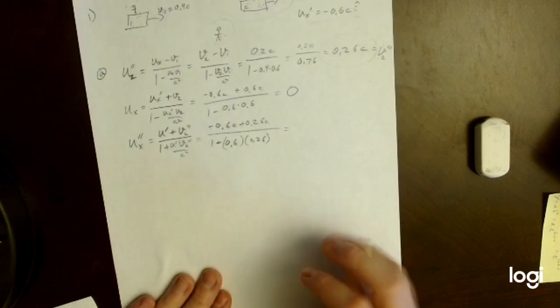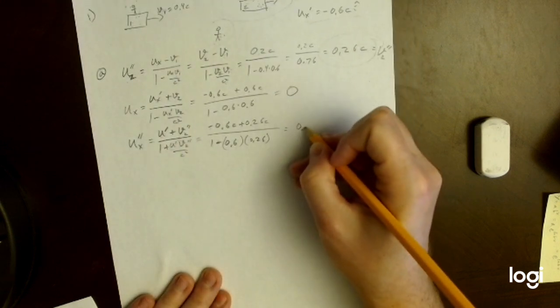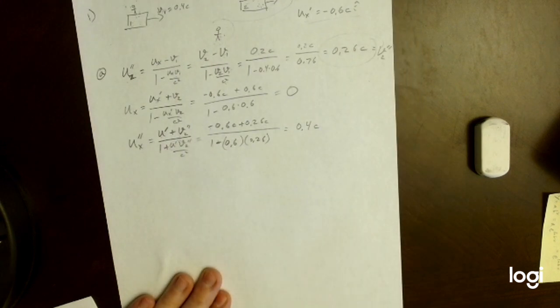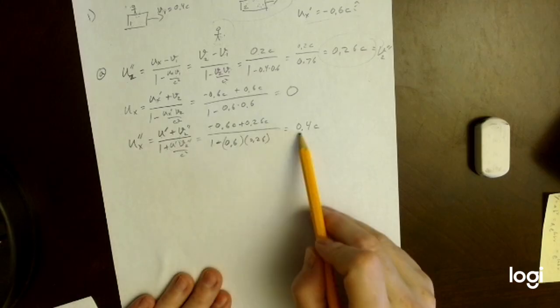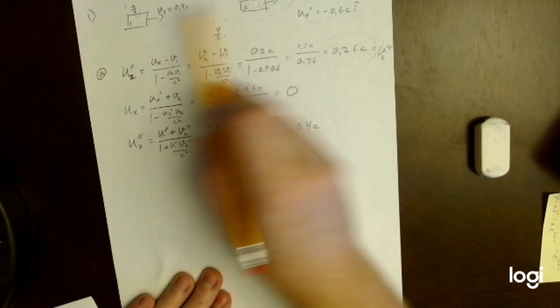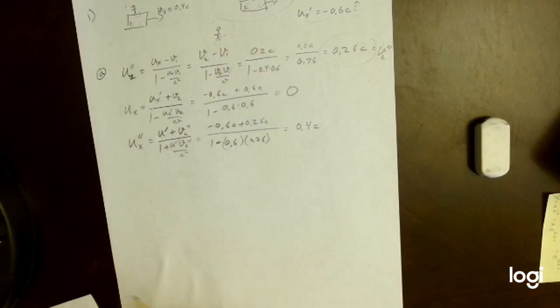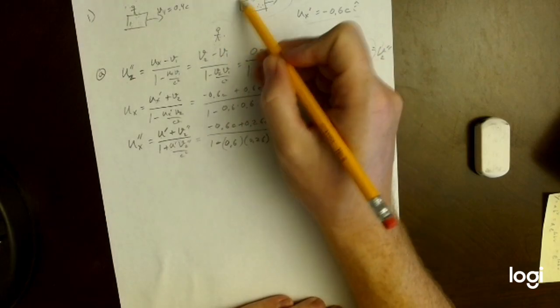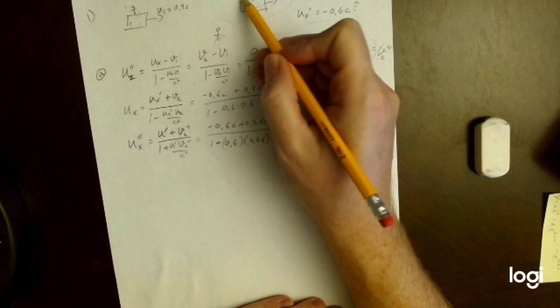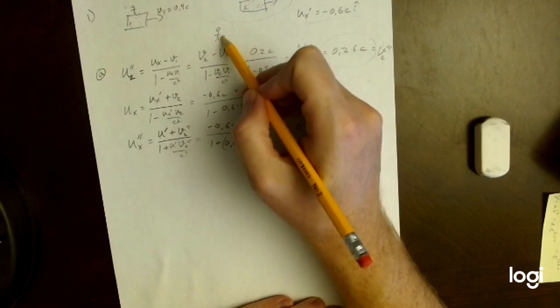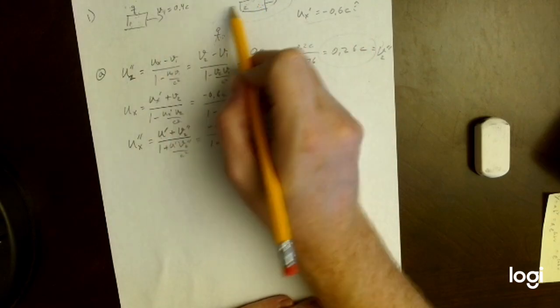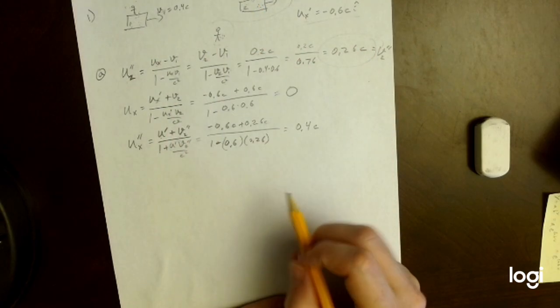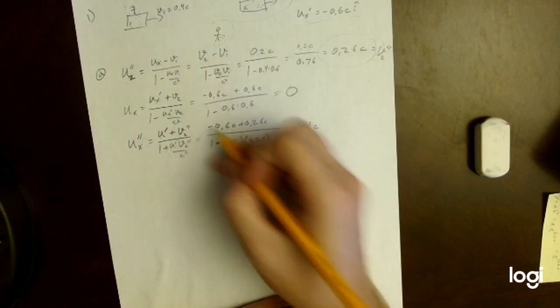And if I plug all those numbers in, I'm going to get something like 0.4 c is how fast this ball appears to approach this car. Now, of course, we could have probably figured that out just from intuition alone, because this ball appeared from this observer to be at rest. And this observer sees this car move towards the ball at 0.4 c. And sorry, I forgot there's a minus sign here.